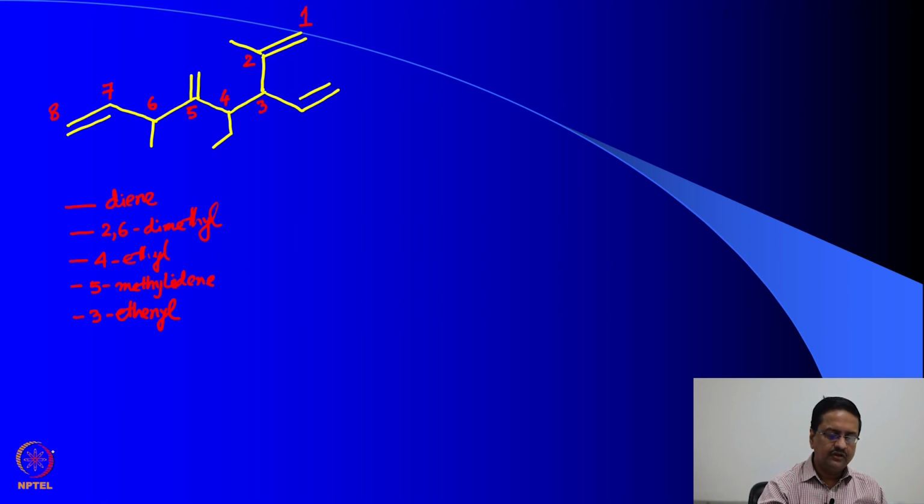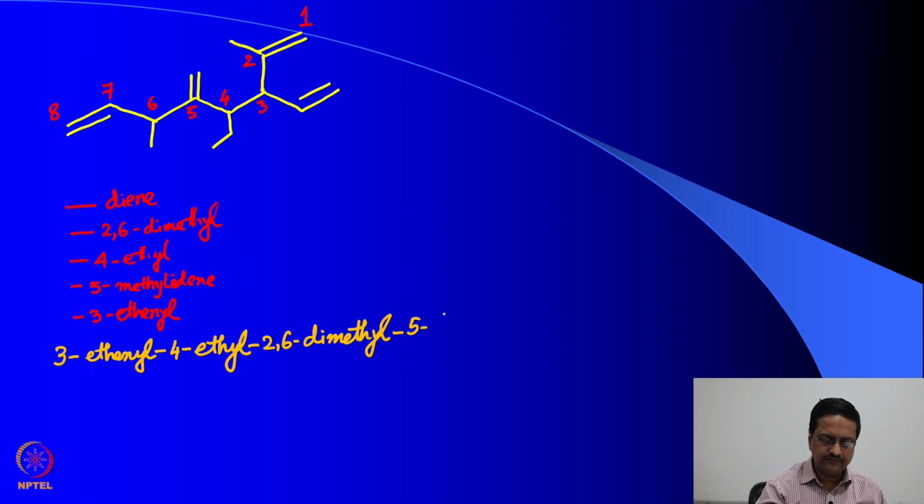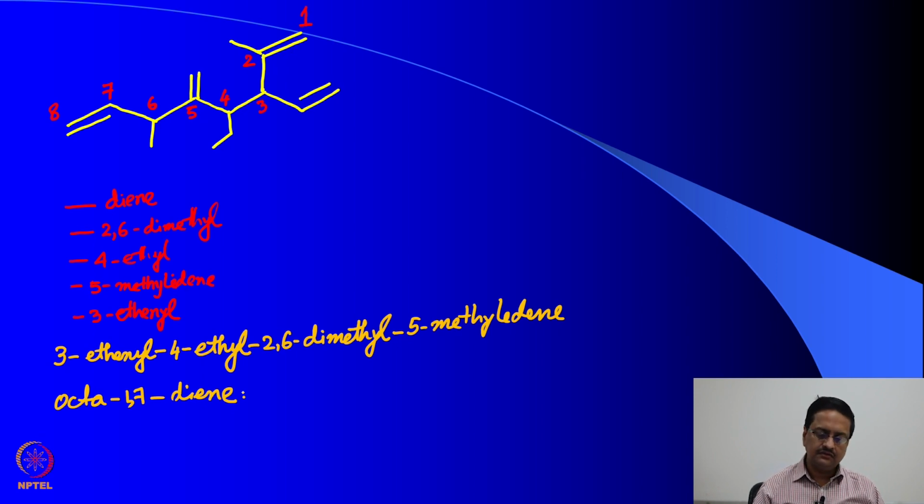So, when we try to write the name, we should write it as I am writing here: 3-ethynyl, 4-ethyl, 2,6-dimethyl, 5-methylidene, 1,7-diene. Hope you are able to follow this nomenclature.